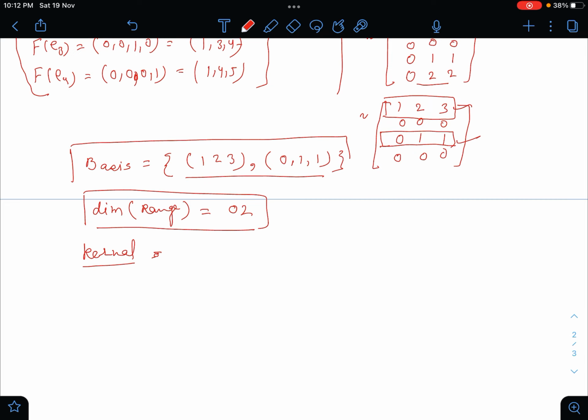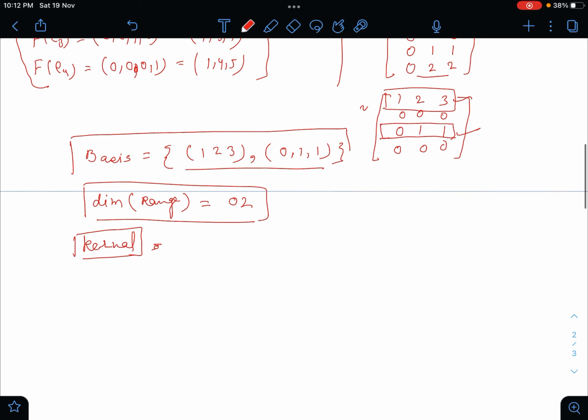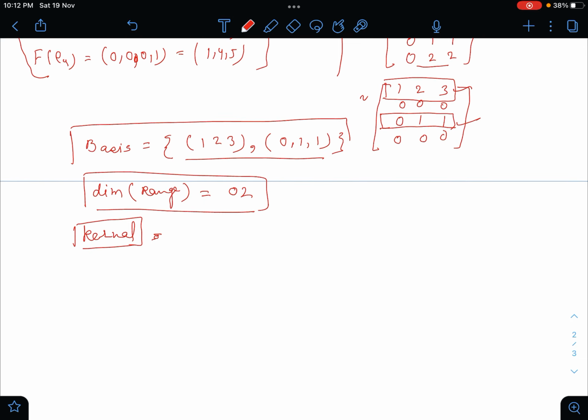First of all we need to define what is kernel. Kernel is a space of those vectors whose image is 0. That means if v belongs to kernel, then f of v is equal to 0. So f of (x, y, z, t) is equal to 0. Solution of this will form the kernel.